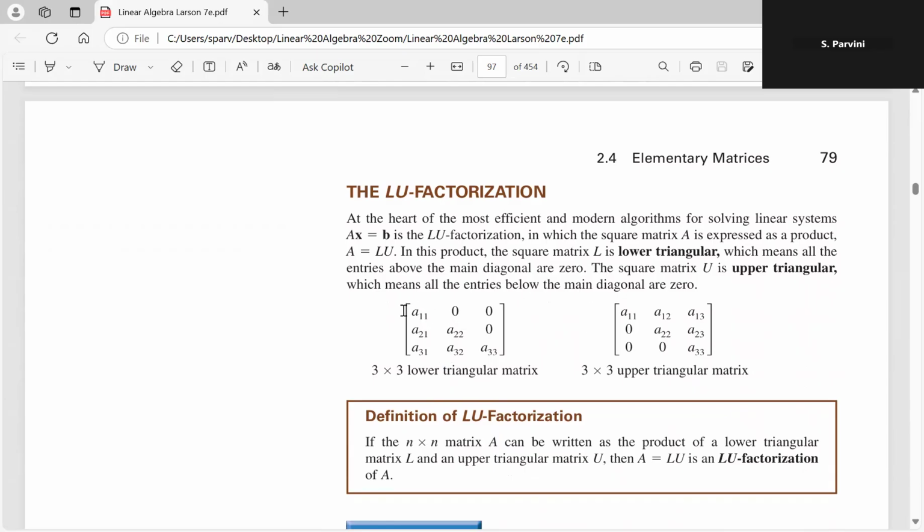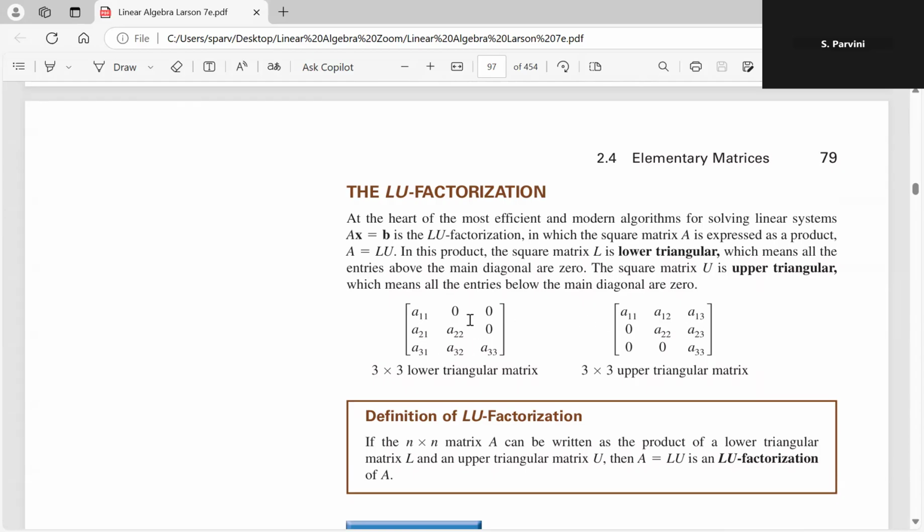L means lower triangular. A lower triangular matrix has numbers only in the lower part. See, above that you have this triangular formation of zeros. If the numbers are above the diagonal, then you have upper triangular.